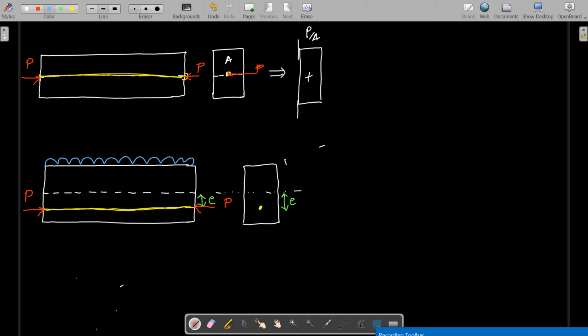The first one is, due to this P force, there will be a direct stress.